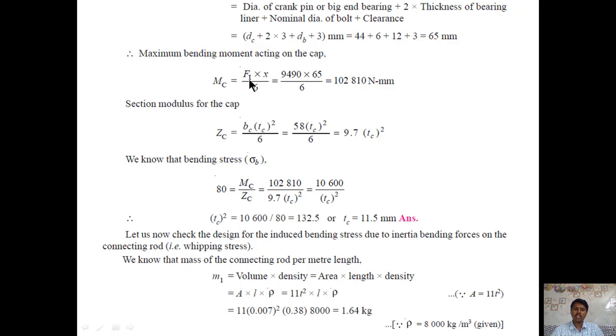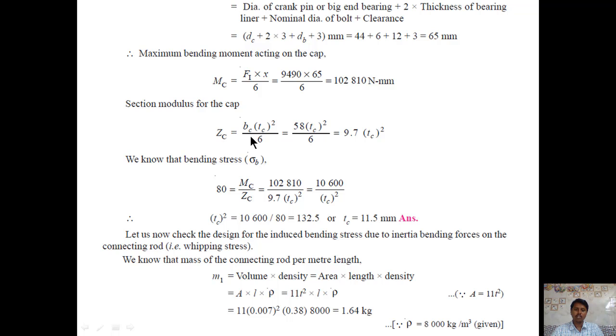Now, substitute Fi, that is initial force, already we calculated as 9490, and x as 65 mm, divided by 6. You get 102,810 Newton mm.